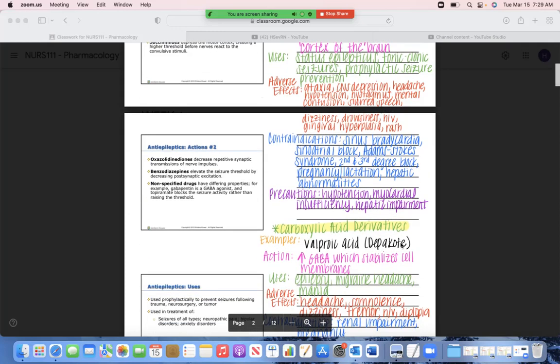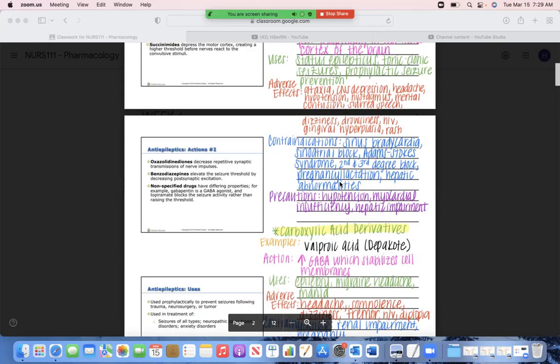Contraindications: who should not get a hydantoin? Well, if your client has sinus bradycardia, a sinoatrial block, heart block, right? Adams-Stokes syndrome, a second or third degree heart block, pregnancy, lactation, or they have hepatic abnormalities, they should not be put on a hydantoin like phenytoin.